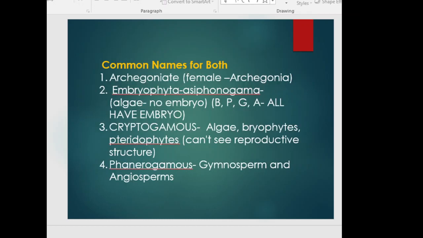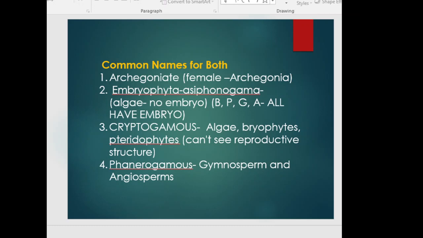Common names for both: archegoniate, where the female sex organ is archegonia. Meaning in bryophyta and pteridophyta, the female sex organ is archegonia. They are also called embryophyta, asiphonogamia. I already told you that in algae there is no embryo.